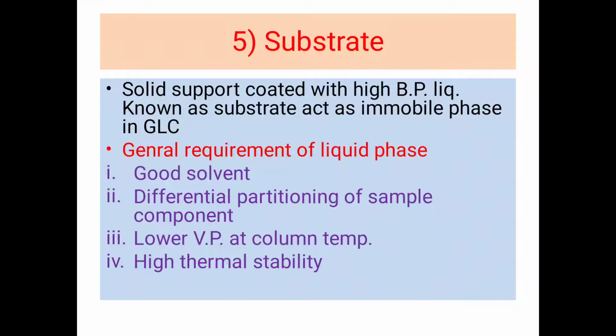Then the general requirements for the liquid phase are good solvent property for the components, differential partitioning of the sample components, low vapor pressure at the column temperatures, as well as high thermal stability. These are the requirements of the liquid phase used as a stationary phase in GLC.